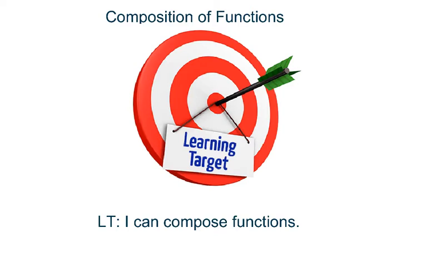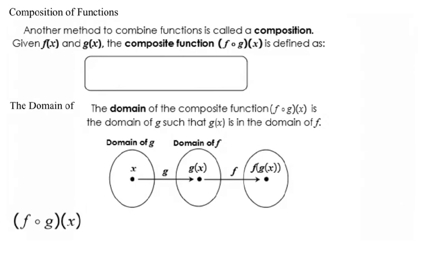So when we talk about composing, we're talking about putting a function inside another function and creating this god-awful Frankenstein-looking function. Okay, so let me give you just some basic info, some definitions. So composition of functions: another method to combine functions is called a composition.